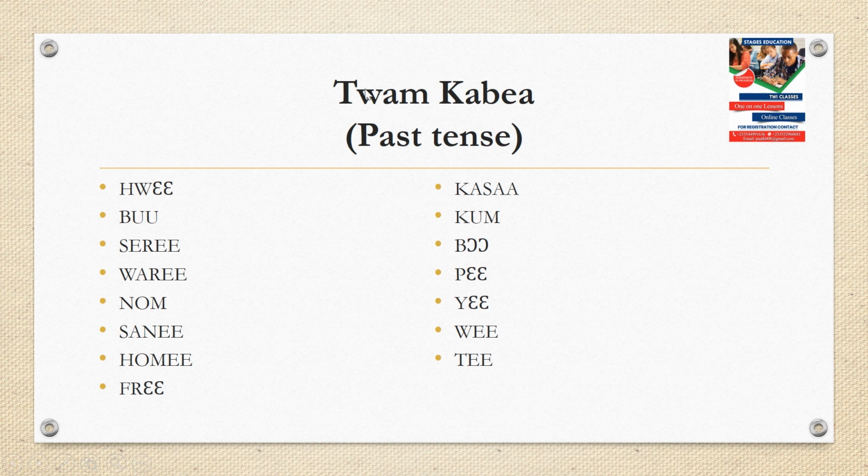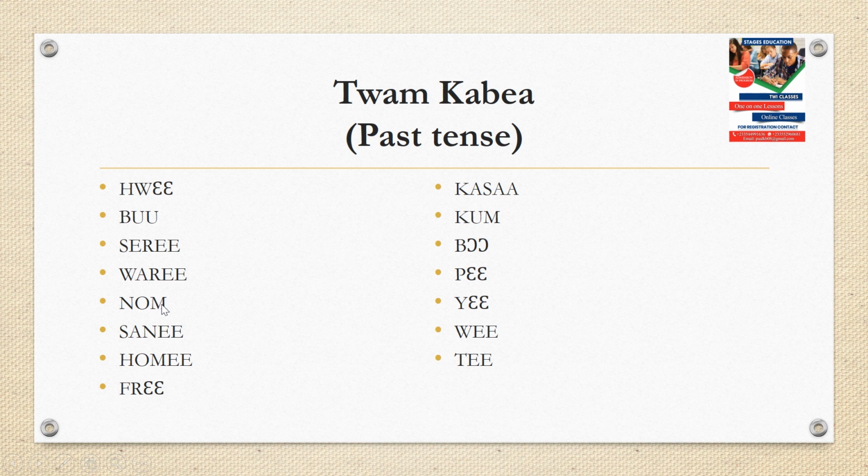And we said that with the past tense, we will just add one vowel to the last vowel of the word. So when you see the verb and the verb ends with a vowel, what you have to do is to add another vowel to the word to get the past form of it.